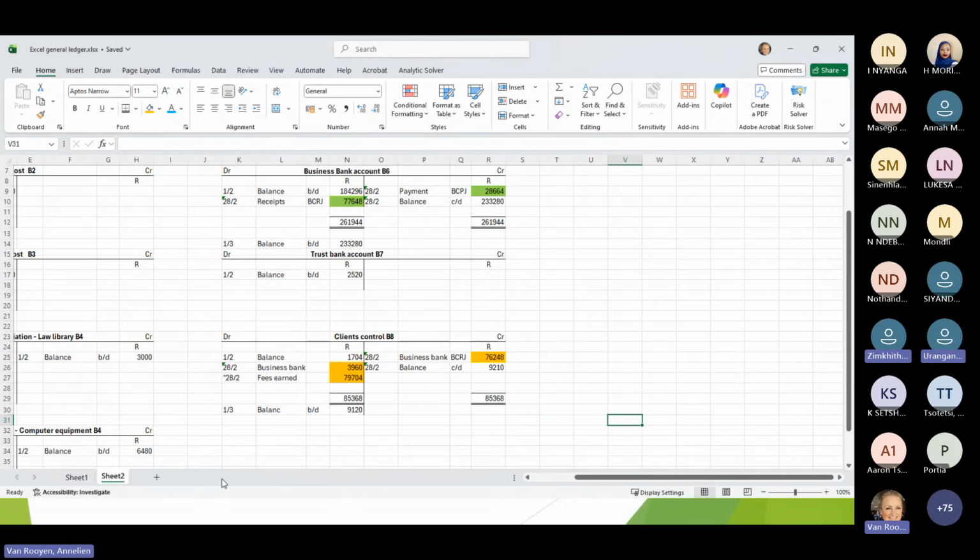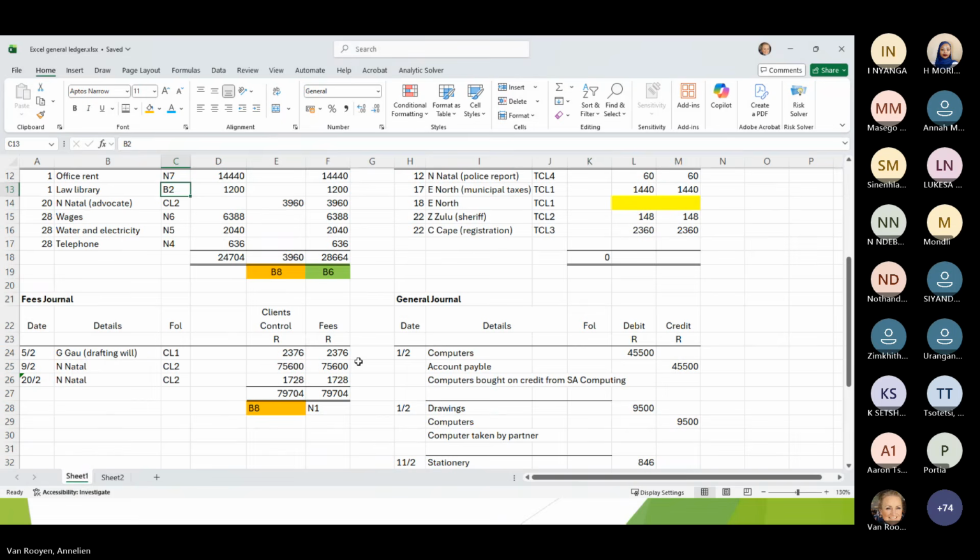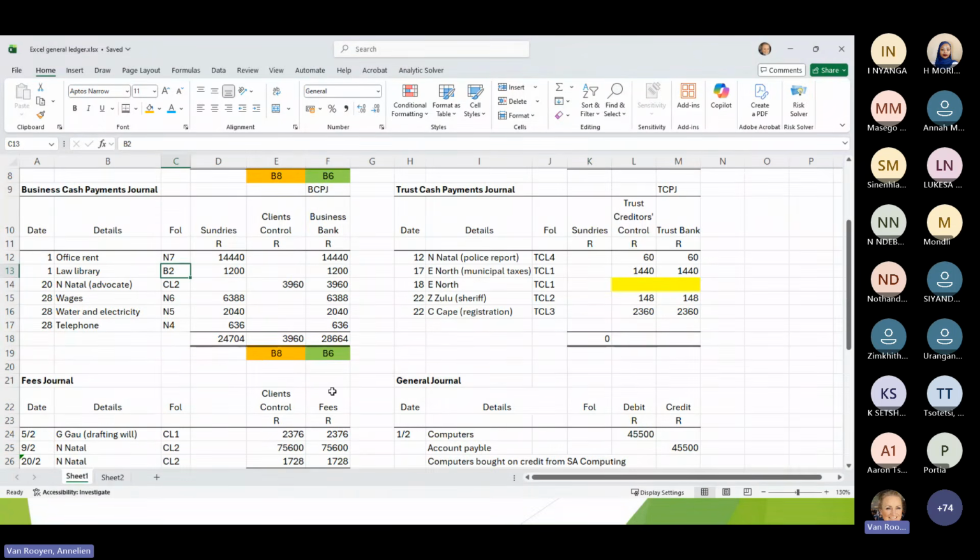Ma'am, on the exam, will we be asked to draw a table like this, or will we find them already there? No, I'm talking about all of these T accounts. No, we will give you T accounts, but they will all be in blocks.